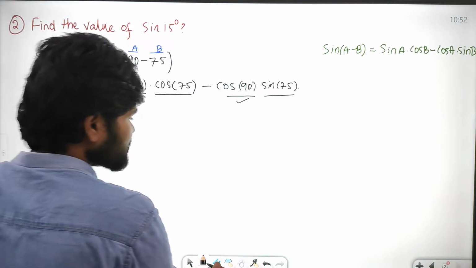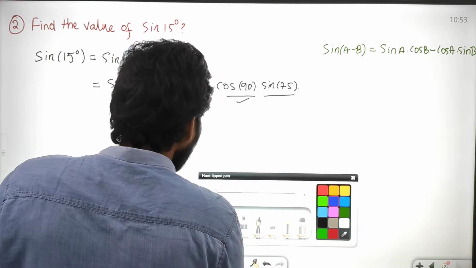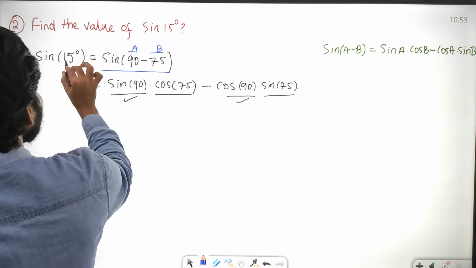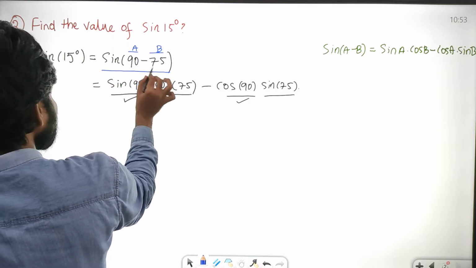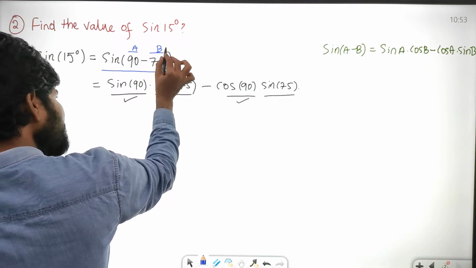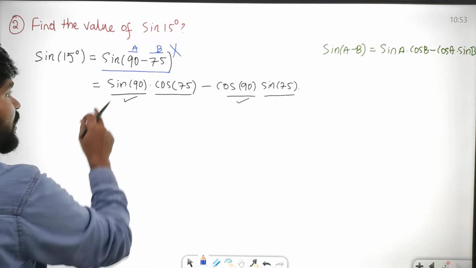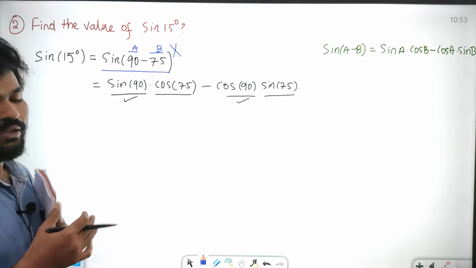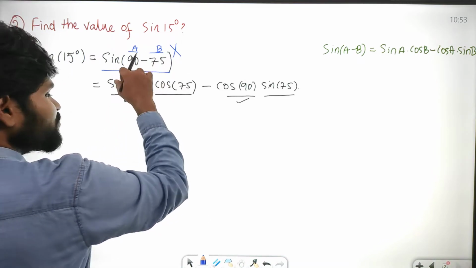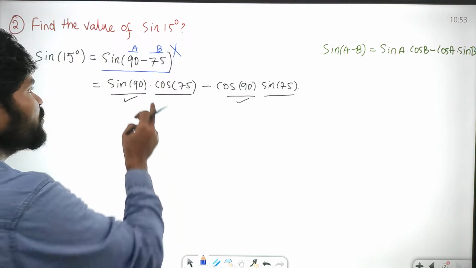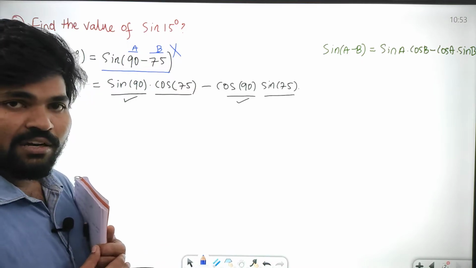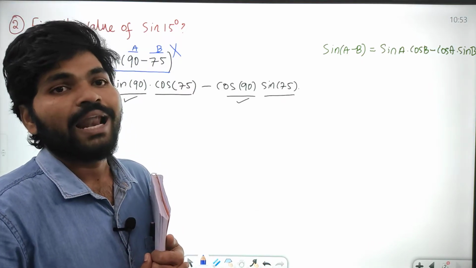So the thing is, here we took this angle transformation wrong. We shouldn't take it like this. Why? Because we don't have the sin 75 values, so that's why we should not write the equation in the form of 75, 15, 65, 55 like that.